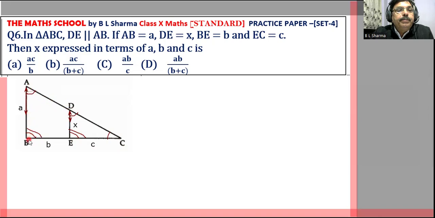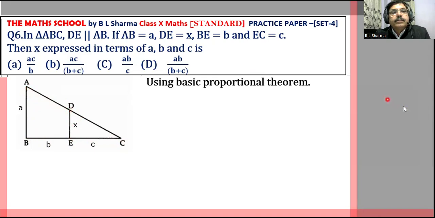Triangle ABC is similar to triangle DEC by the angle rule of similarity. When two triangles are similar, the ratio of corresponding sides is the same. So, using the basic proportionality theorem, ABC is similar to triangle DEC.